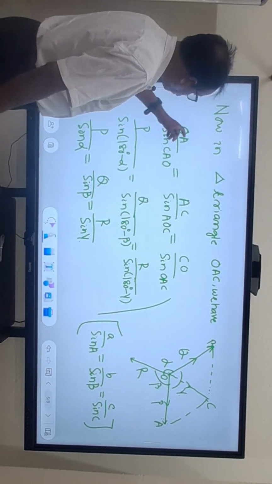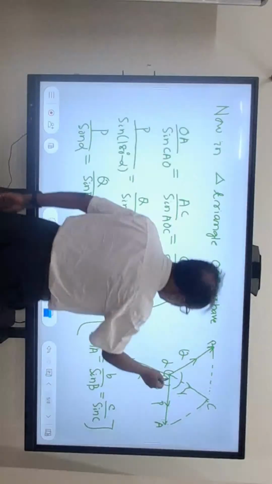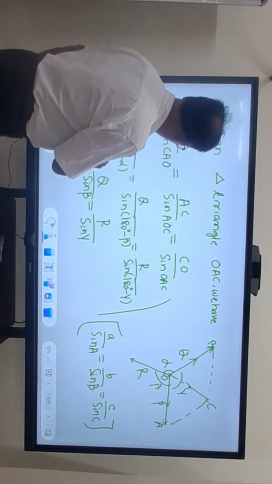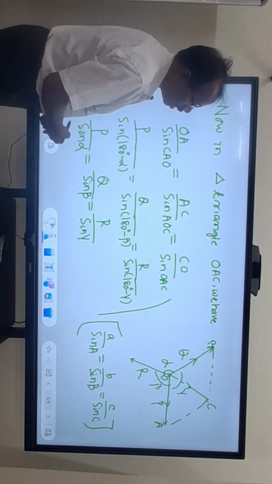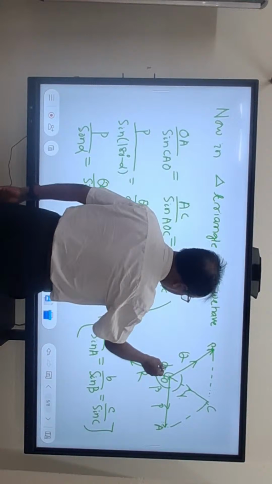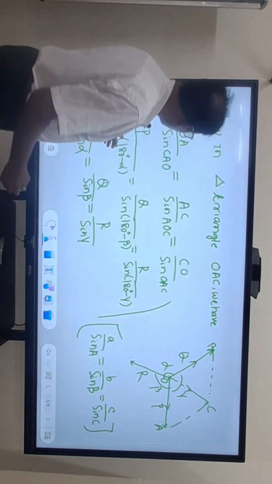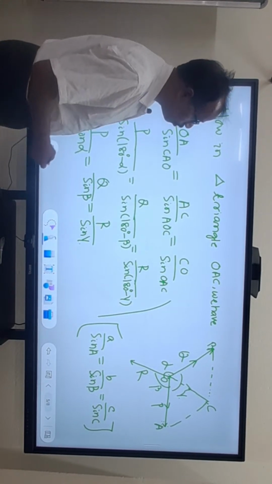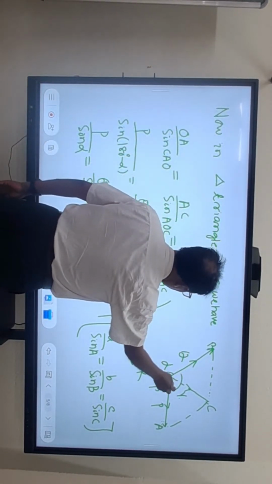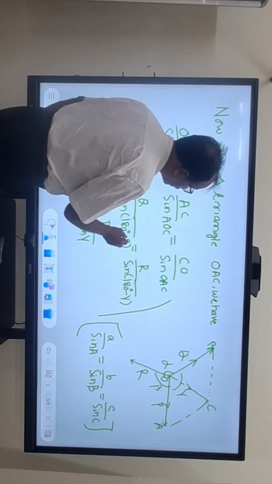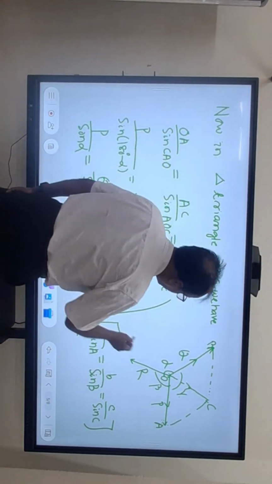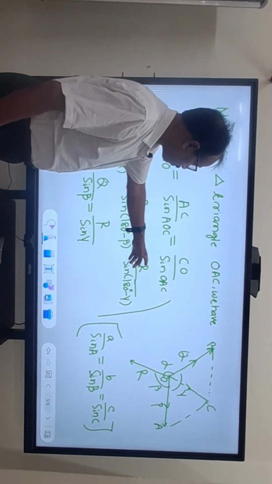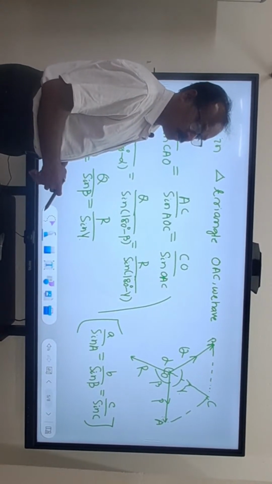Here OA is equal to P. Therefore P by sine (180 degree minus alpha), because this angle is alpha, is equal to Q by sine (180 minus beta), is equal to R by sine (180 minus gamma).